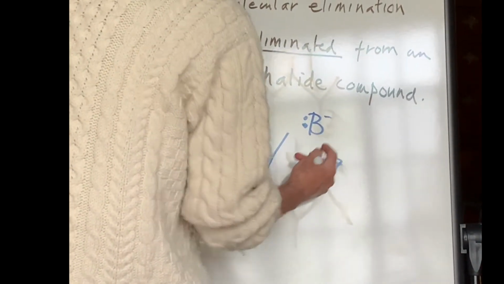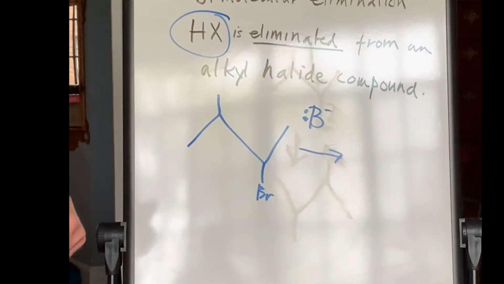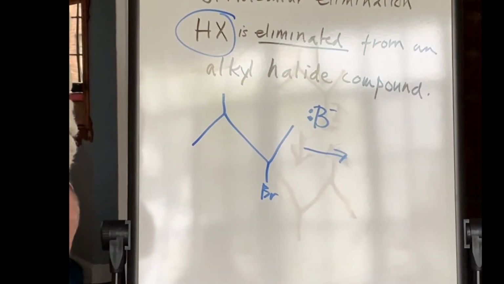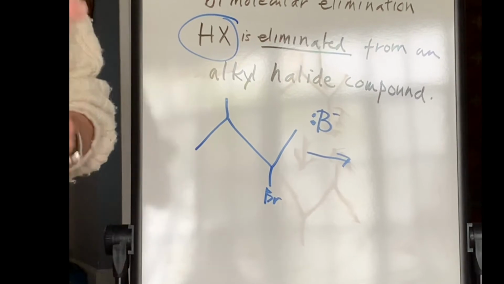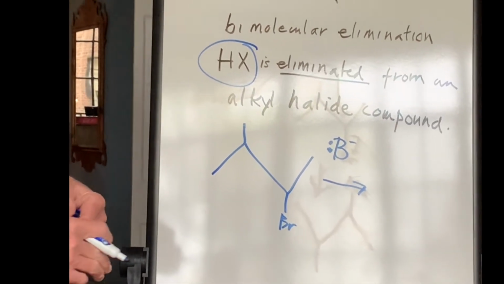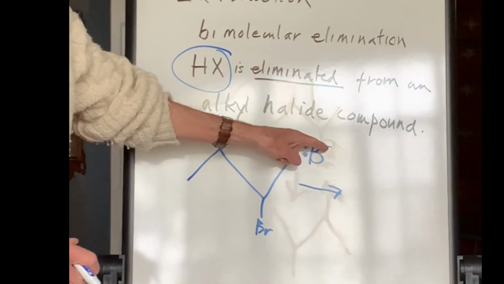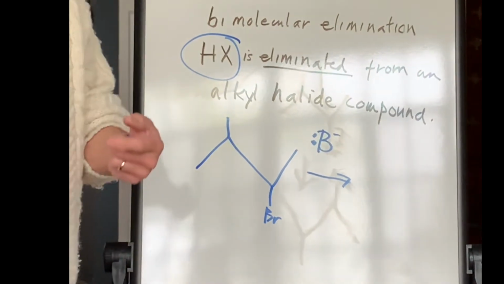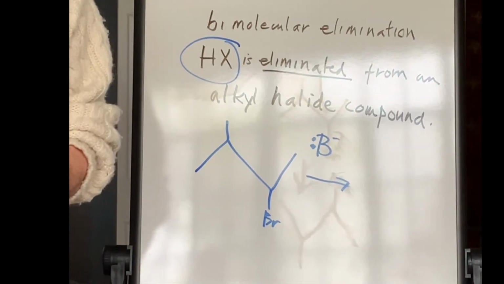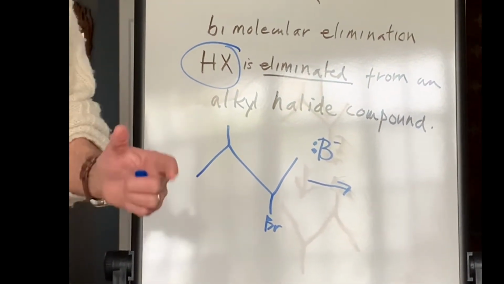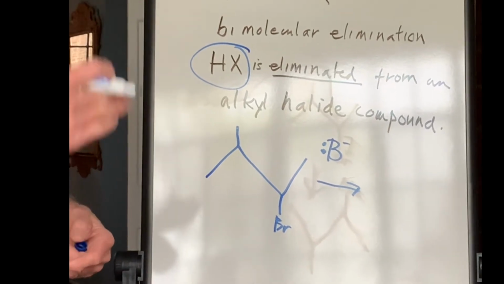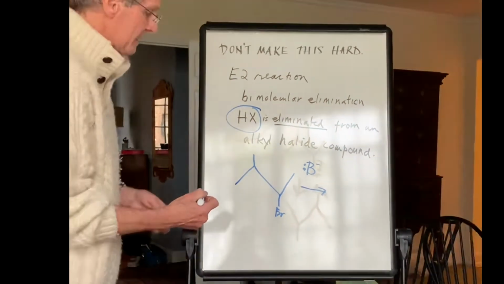A base is a chemical species with a pair of electrons that it will use to steal a proton from an organic molecule. That's what bases always are in organic chemistry. Sometimes the base has a negative charge, and often when the base has a negative charge, it's a strong base. For our purposes here, it's like a code that we'll play, a game we'll play.